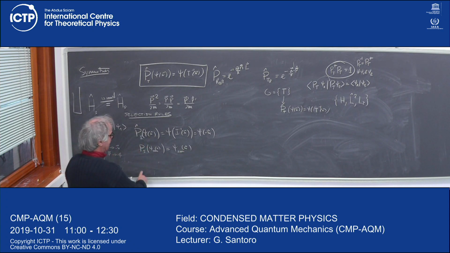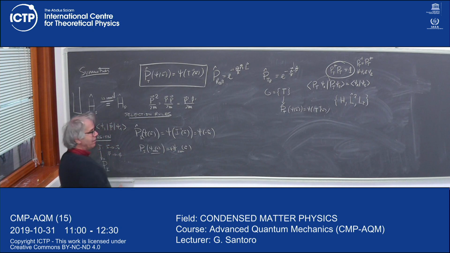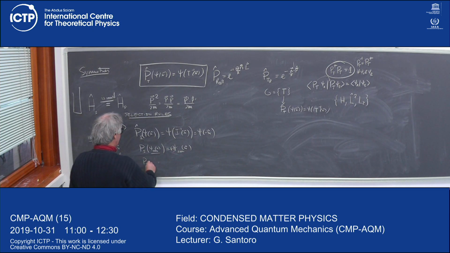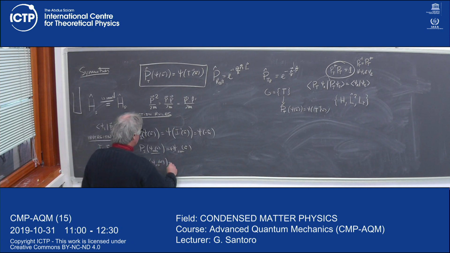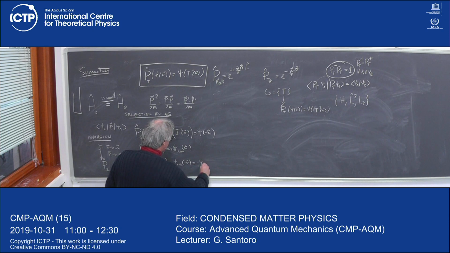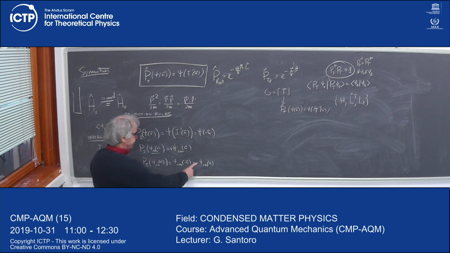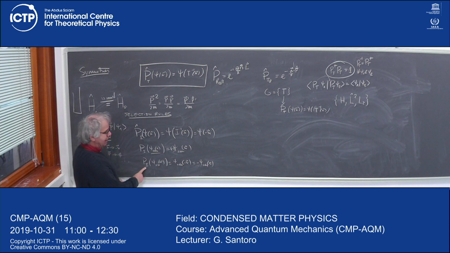So you see that an even wave function is an eigenvector of the parity with eigenvalue +1. What about an odd wave function? I do pi psi odd of x. By definition, this is psi odd of minus x, but an odd wave function is equal to minus psi odd of x. Therefore, this is by definition an eigenstate of the parity with eigenvalue -1.